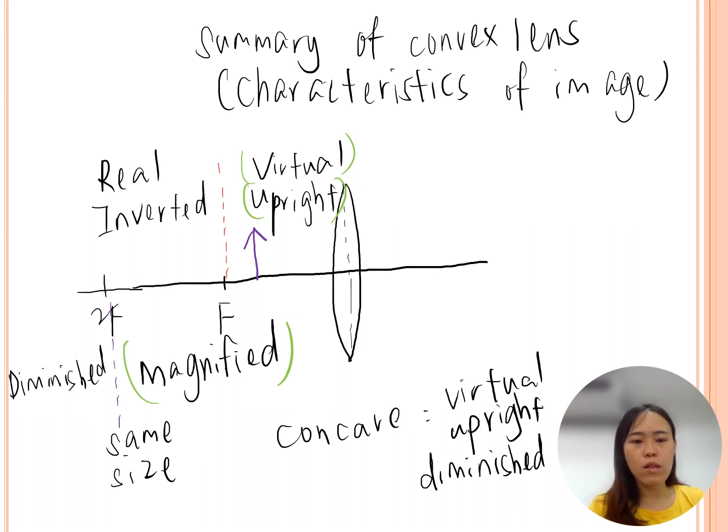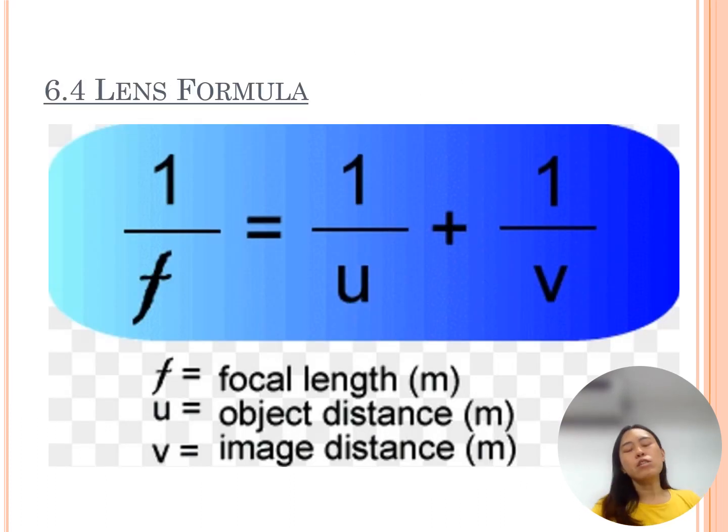Next we will learn a formula called the lens formula, the thin lens formula: 1 over f equals 1 over u plus 1 over v, where f is the focal length, u is the object distance and v is the image distance.